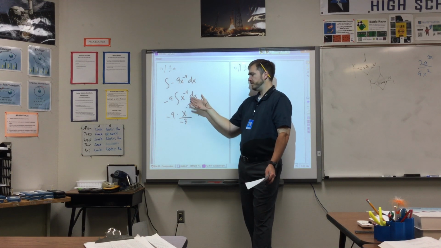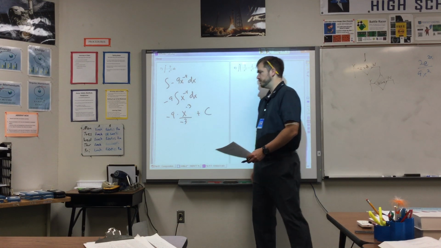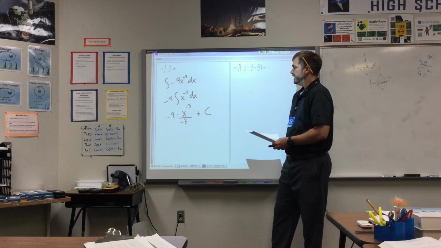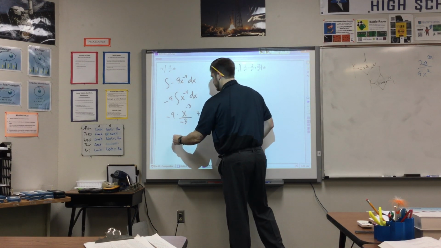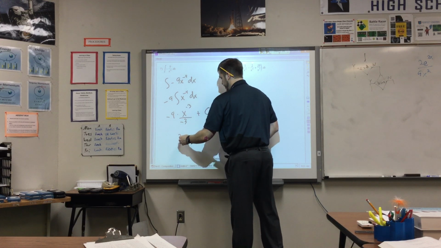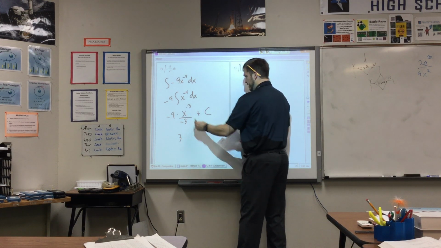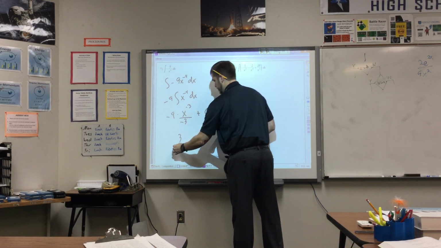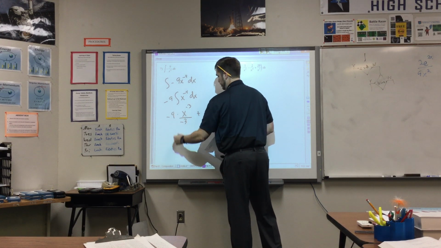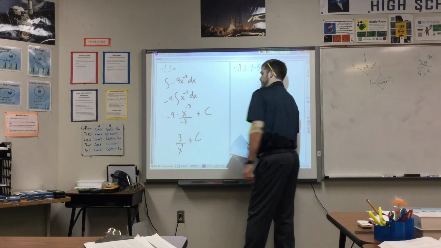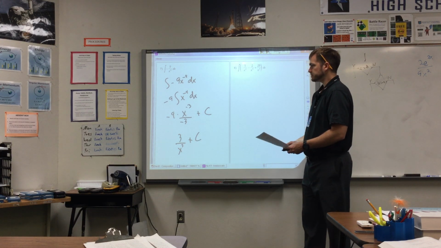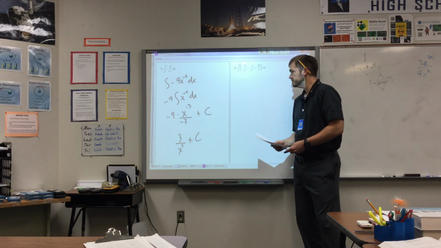But we just have to remember that if you add 1, negative 4 plus 1 is negative 3. Negative and negative is going to be positive. 9 over 3 is 3, so we have 3. My answer key is going to get rid of negative exponents when possible. So you have 3 in the numerator, x to the 3rd in the denominator, plus c. That's it.